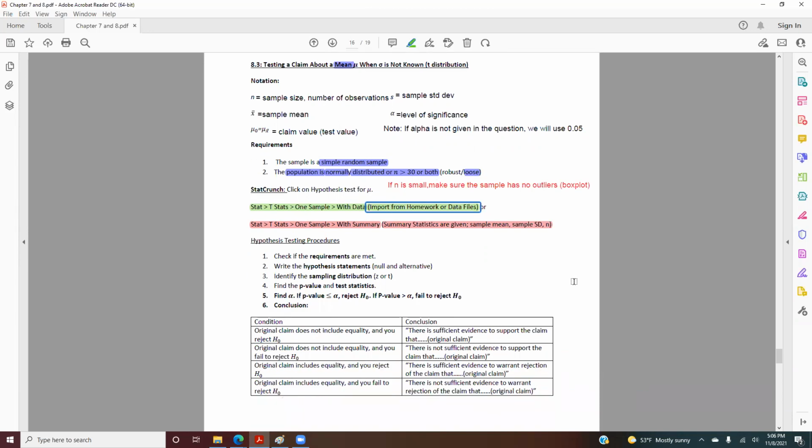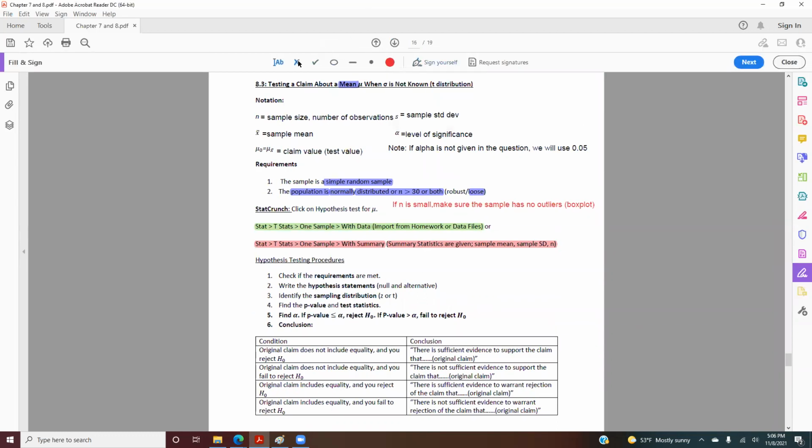The procedure is the same 7 steps procedure that you did in 8.2. First, requirement check. Second, the hypothesis testing: you state the null and the alternative hypothesis. The sampling distribution in this case will be your T. We don't use Z because this is a mean.